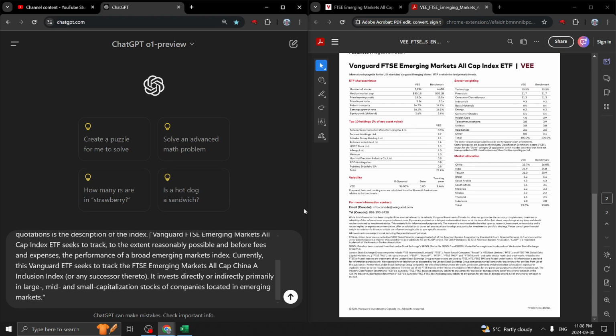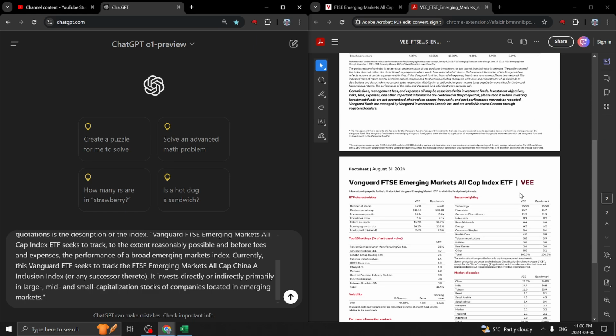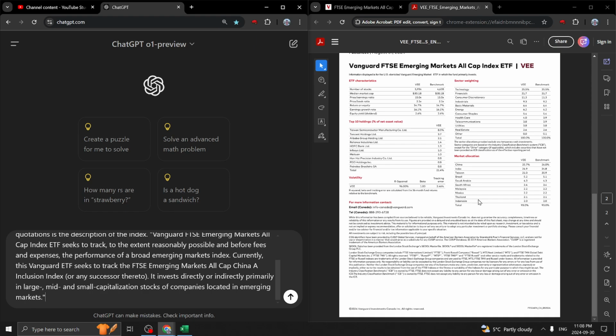Let's see what the current sector weights are. Do I want to give it any of this information? If I give it the sector weightings, it might use that as the weights historically, right?